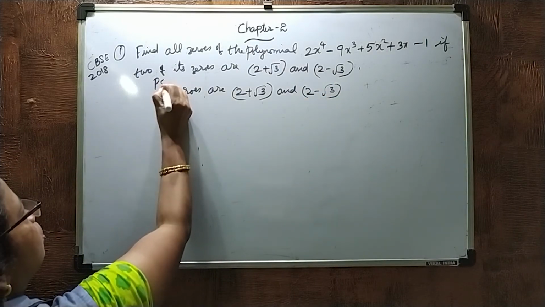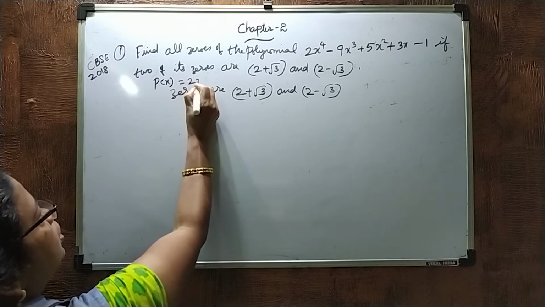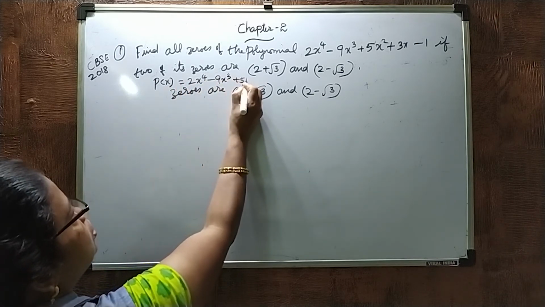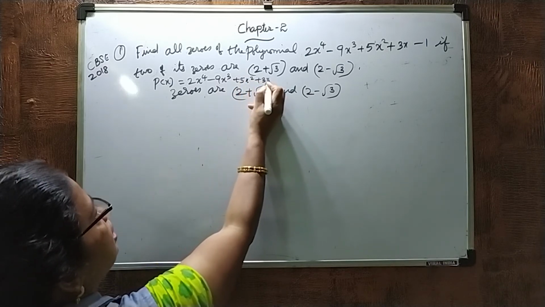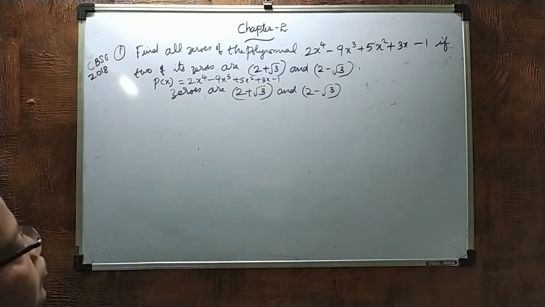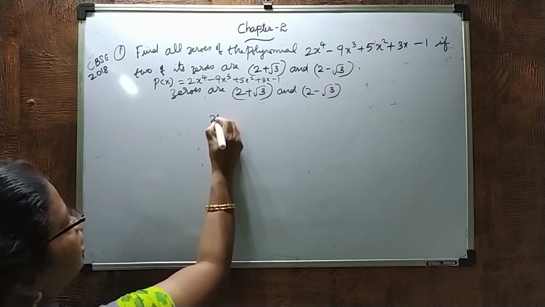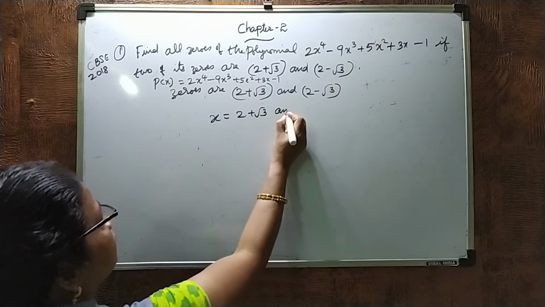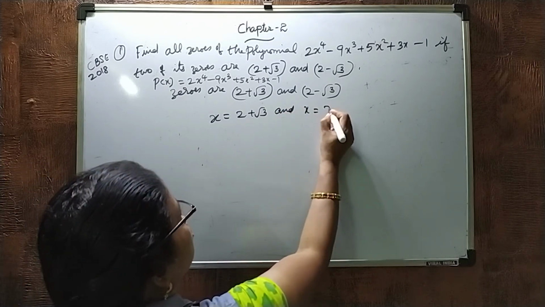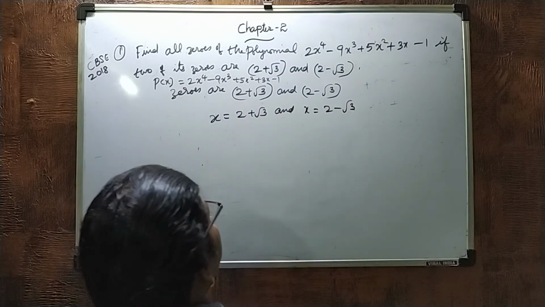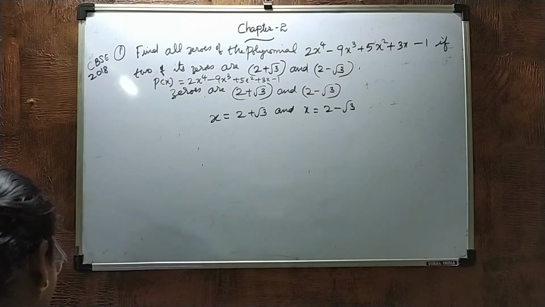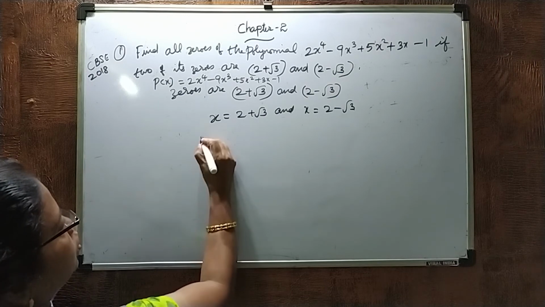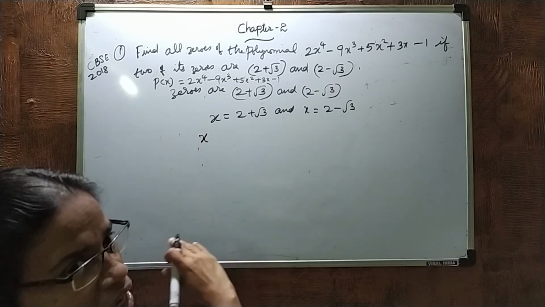And p of x is equal to 2x raised to 4 minus 9x cube plus 5x square plus 3x minus 1. So zeros means x equals 2 plus root 3 and x equals 2 minus root 3. So here what you have to do is take the other side.